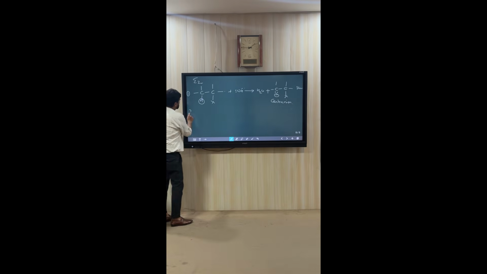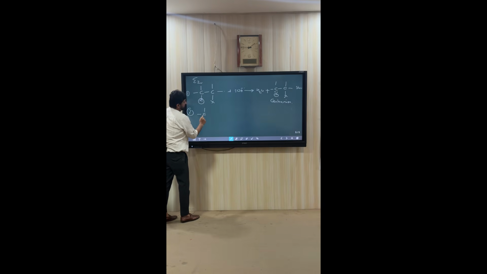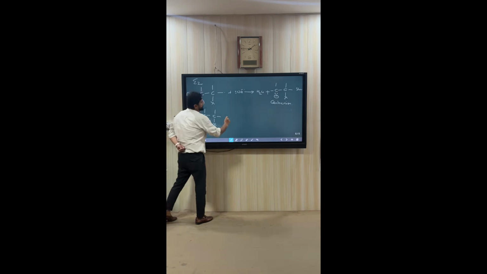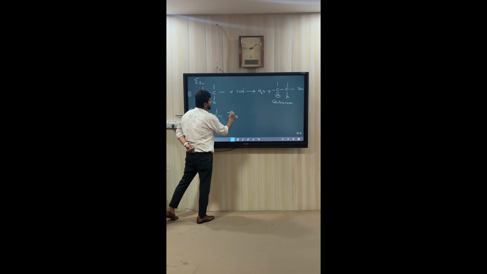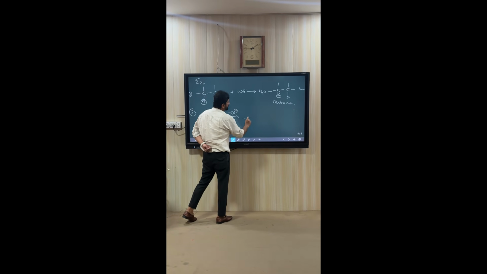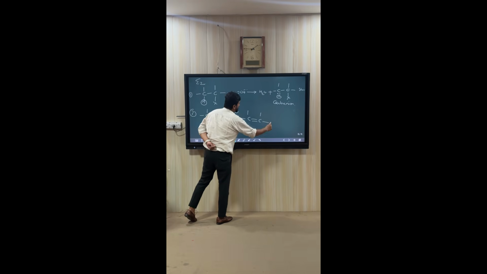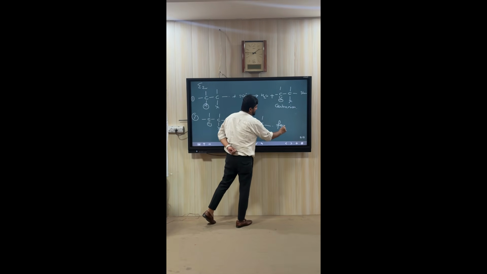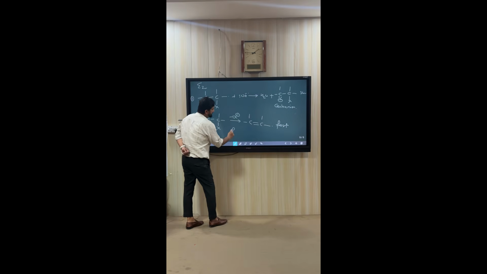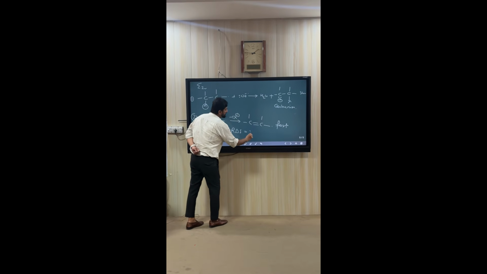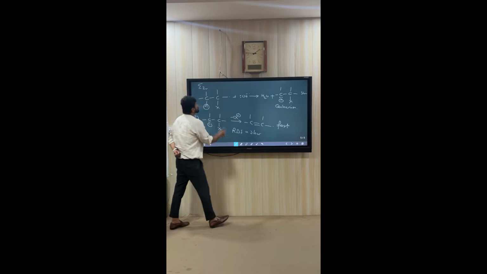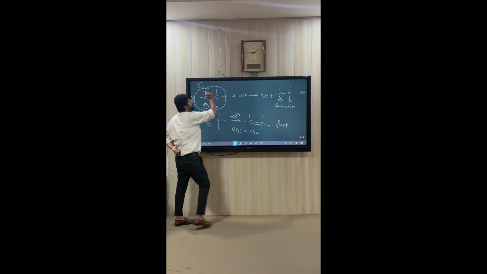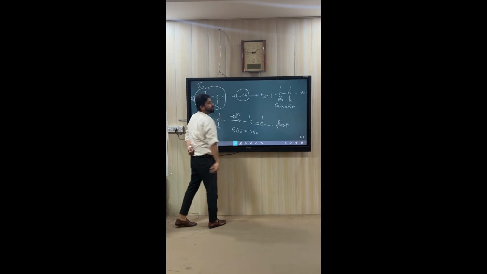Now the second step: the carbanion formed in step number one, the halogen will come out as a halide ion, and there is a formation of a carbon-carbon double bond. This step is a fast step. As we know, the rate determining step is always the slow step. Here, the slow step is step number one, which has two reactants, the alkyl halide and a nucleophile.